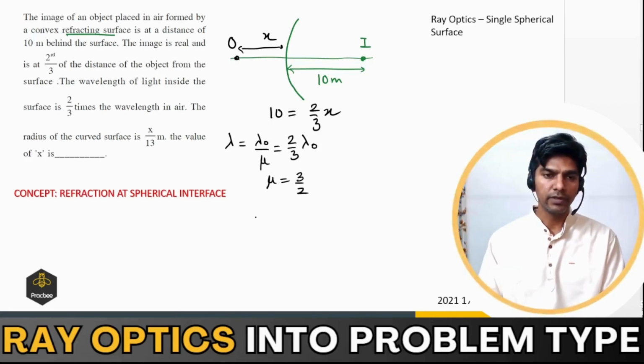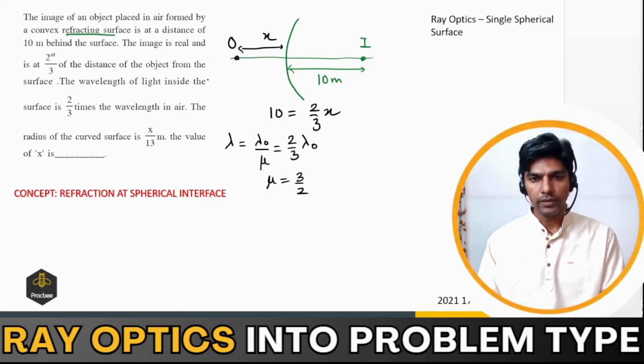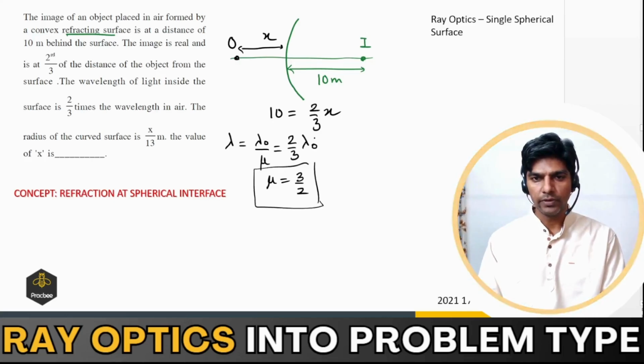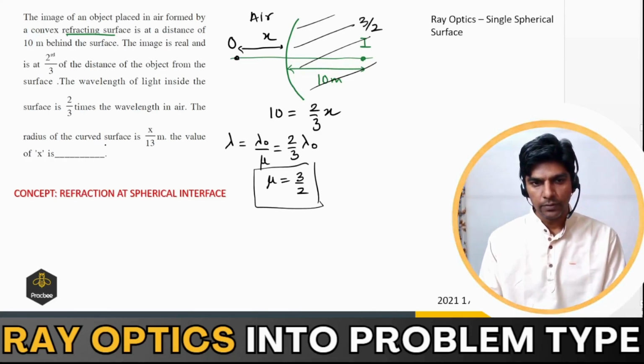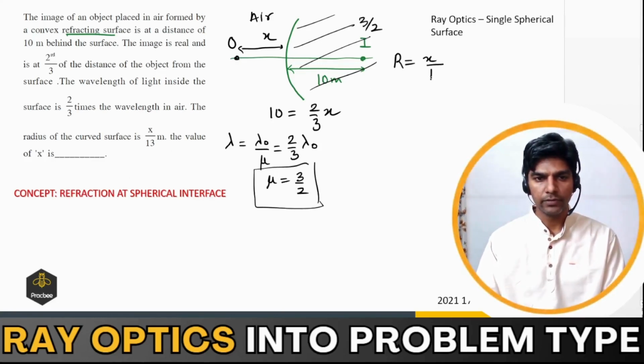So we got the refractive index in this region, which is 3 by 2, and here we have air. The radius of curvature of the curved surface is x by 13, so r is given as x by 13 meters and we have to find the value of x.